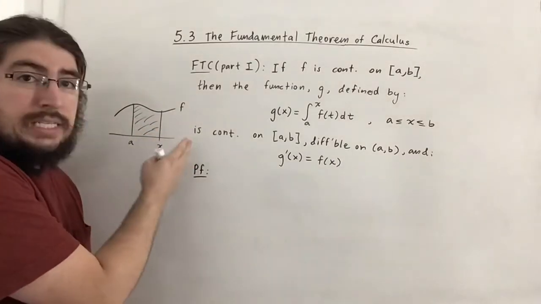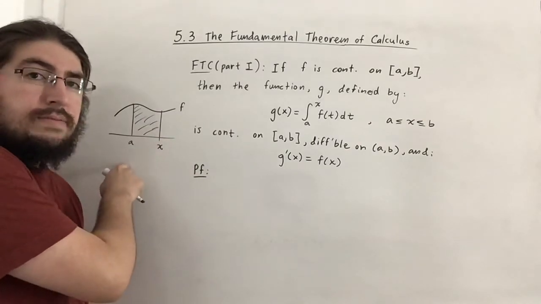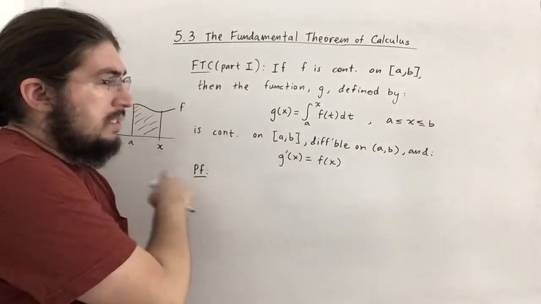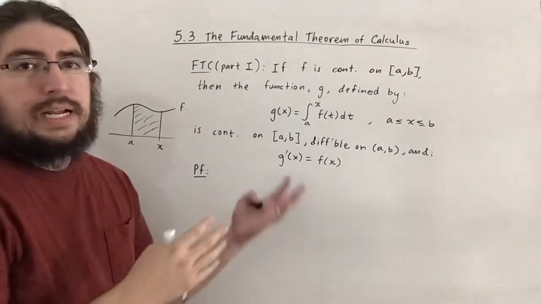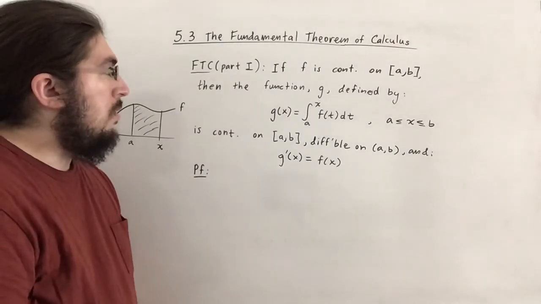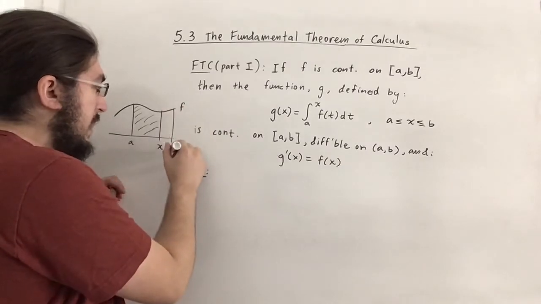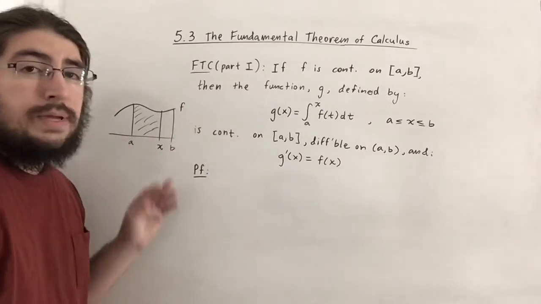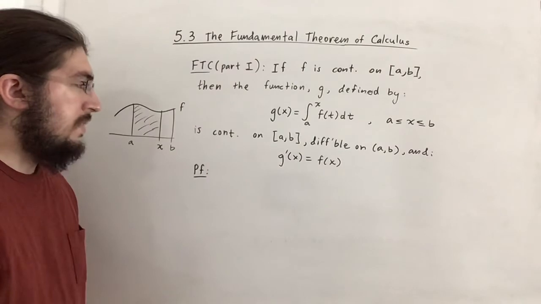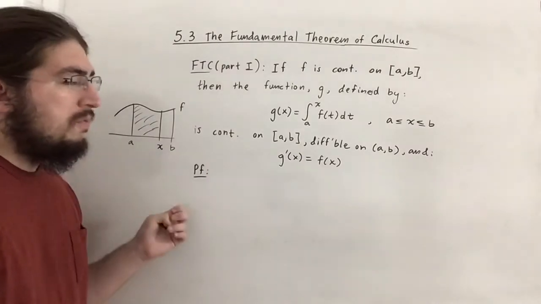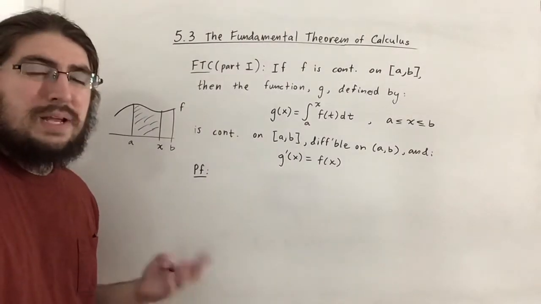Notice x can actually move. It doesn't really matter what a is. A is just some value that's less than x, basically. And x is going to be smaller than b, so x is in between a and b.